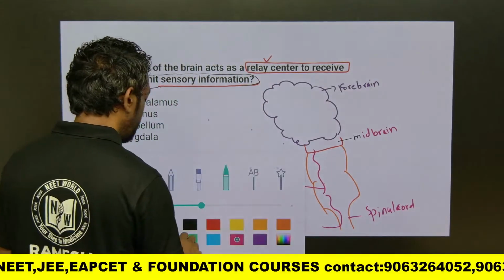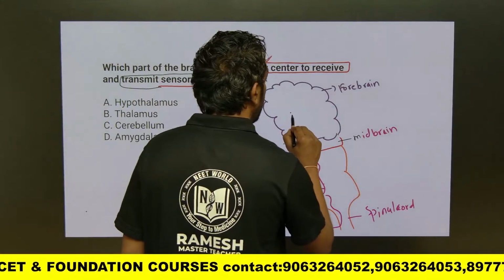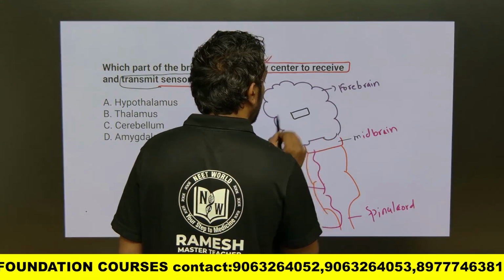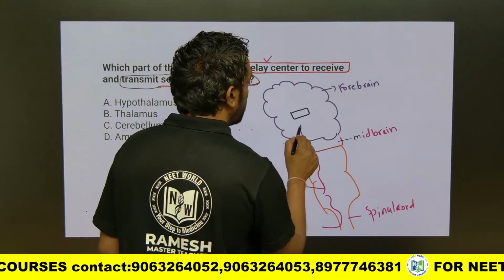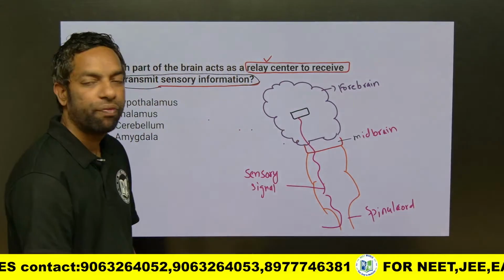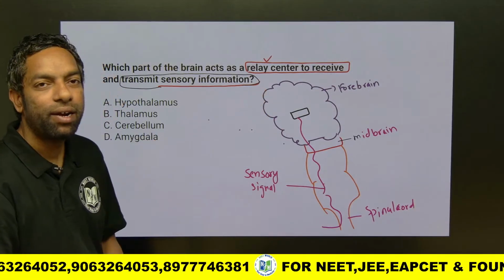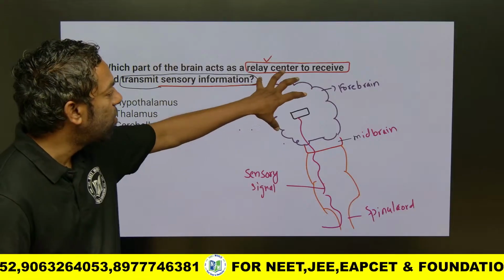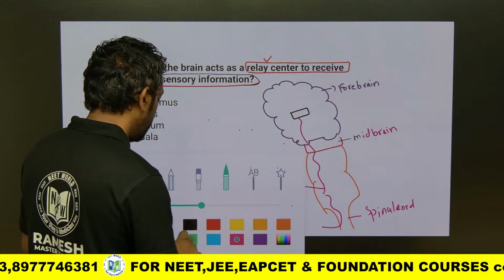Before the forebrain, there is a place which can analyze the signals. When the signals go to the forebrain, they first reach this center. This center decides where to send the signal in the cortex region of the brain.